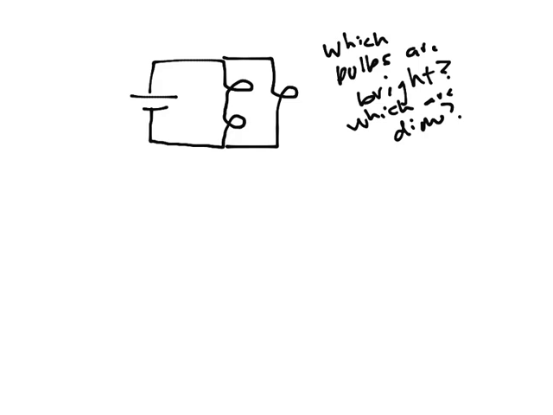Alright, hopefully you know that this is your bright one and these two are equally dim, and let's explain. So we have some sort of total current that comes from here, and it does split up. So they are getting a little less current than, say, one individually might. However, there is less resistance here.